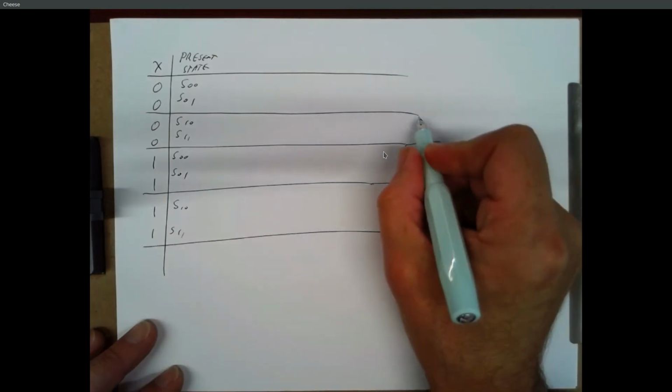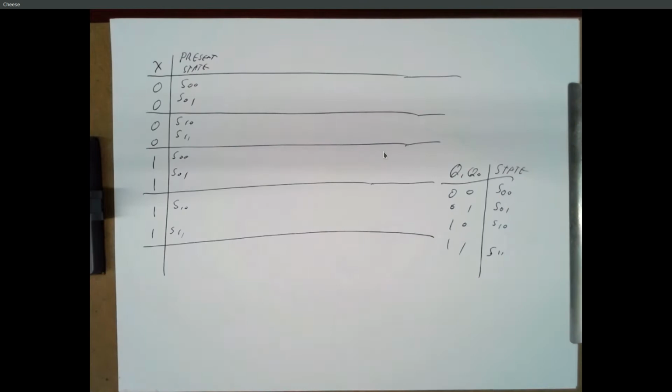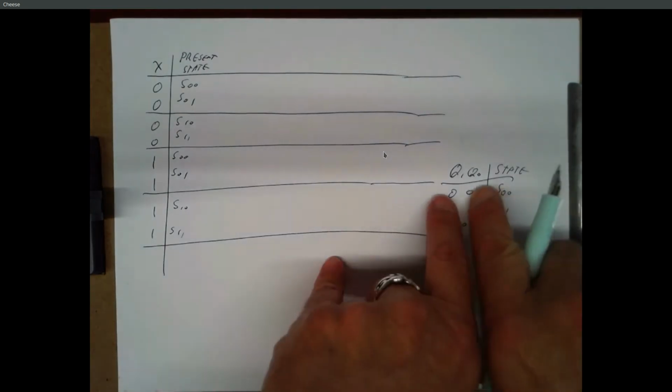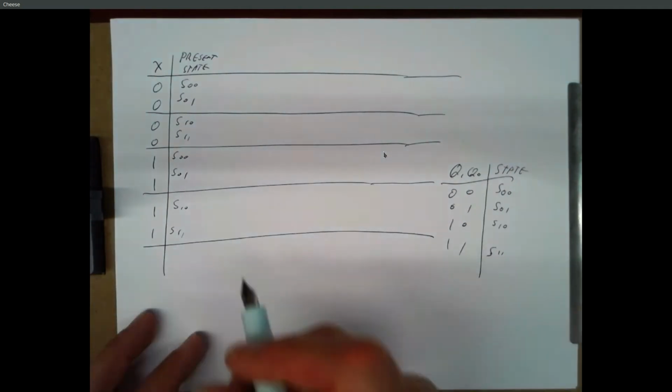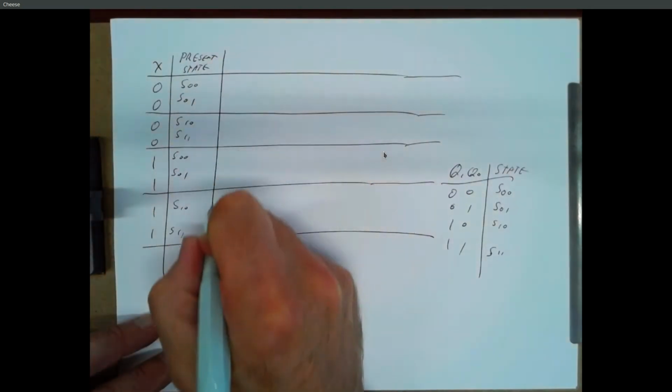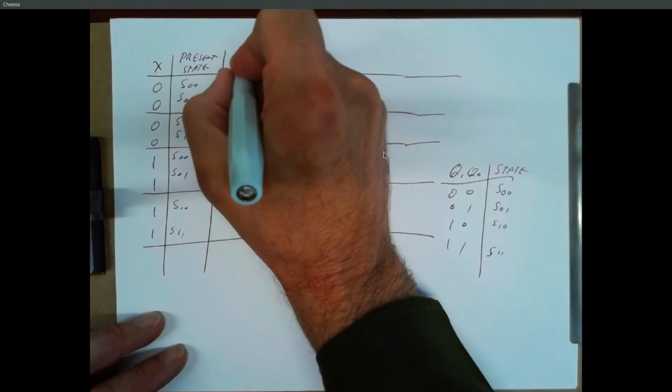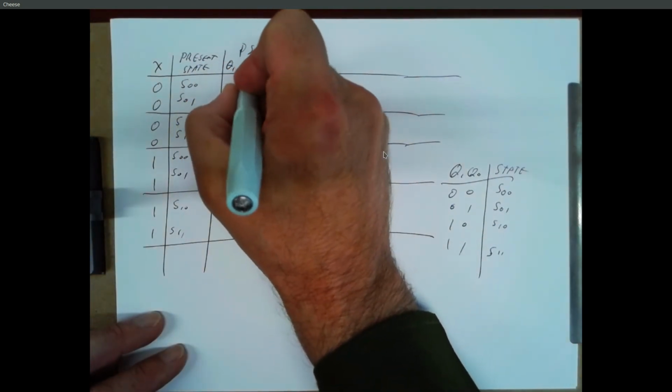Put my table right in the middle of the action. All right, so I want to list the combinations of Q1, Q0 for each possible input value. So here I'm going to add my present state values, Q1, Q0.